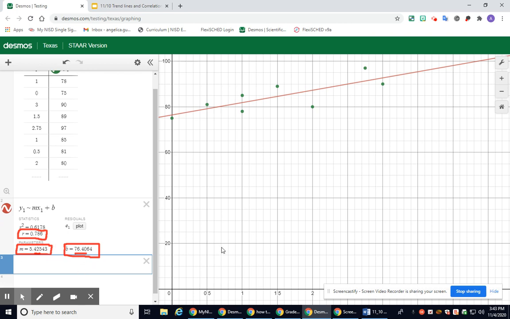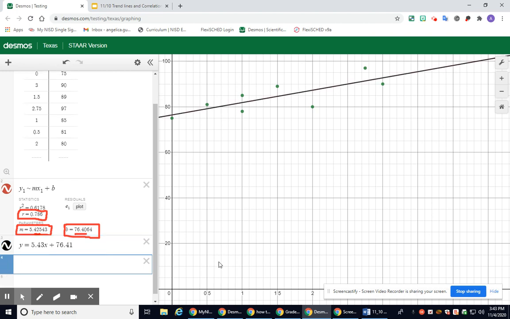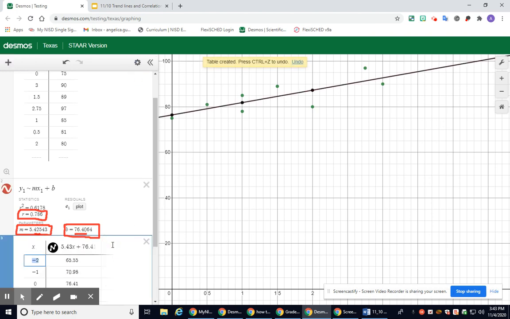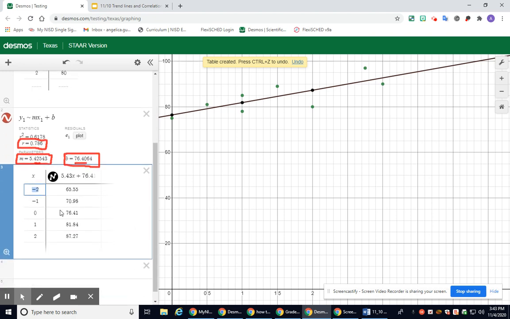Or I can type my equation here, y equals 5.43x plus 76.41. And using this information, I can now use the tools in my calculator to pull up a table and identify, when my x value is 4, I can predict the score to be 98.